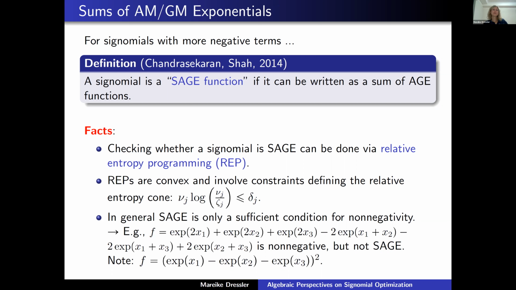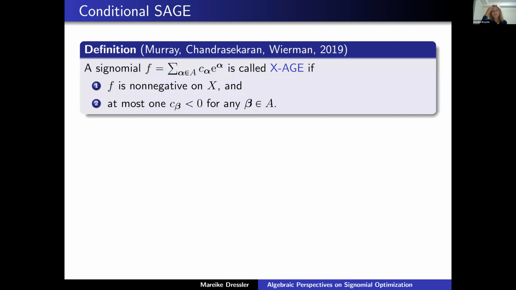So this duality argument of Sage also generalizes to constrained problems. That is, if we want to test non-negativity on a certain set. Because before we more talked about global non-negativity, right? And now we want to test non-negativity on a specific set.